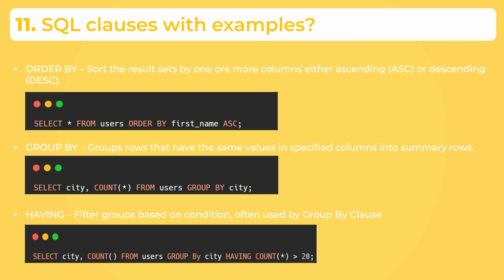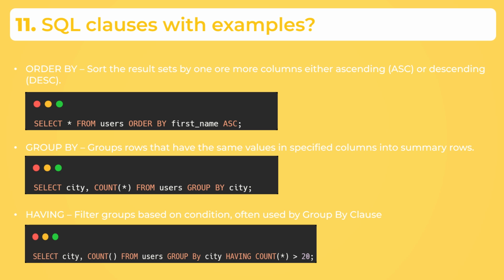Having filters groups based on a condition, often used with the group by clause. When we have group by in our SQL statement, we cannot apply the where clause after the group by. At that time the having clause comes into the picture. The having clause basically applies a condition on grouped columns.